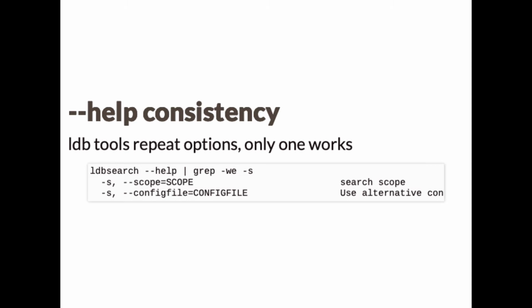Because I'd seen that you could give it a new config file with -s. And then I saw in the help that actually there are two things with -s, and it didn't tell me which one was going to work, but it turns out the one I didn't want to work was going to work. And I have found the pattern that the topmost one is the one that works.